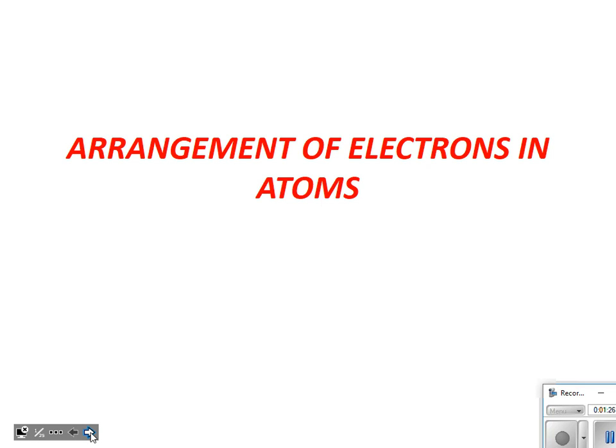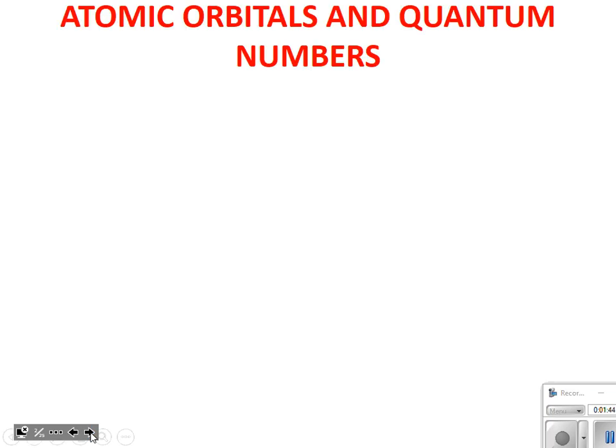Because it's a whole thing with the big picture, and we're only doing a little part today of the big picture. So it'll make more sense when we put it together later, I hope. Atomic orbitals and quantum numbers.